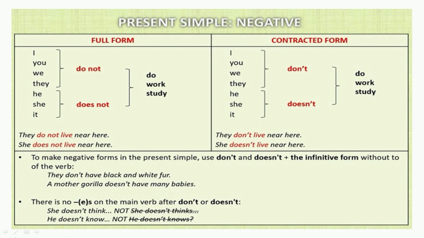Now the negative form of the present simple tense: how we use it and how we can make the present simple in a negative form. Here we go: full form, contracted form and the formula. I, you, we, they: do plus not, of course the word not, plus the verb, work, study. And the third form, he, she, it: doesn't, does not.